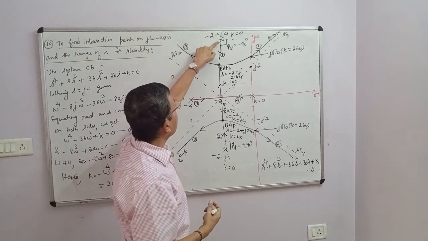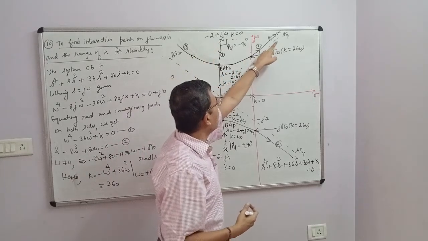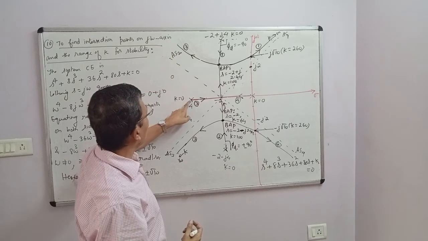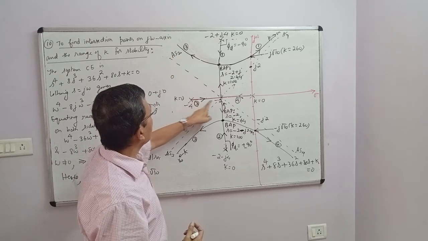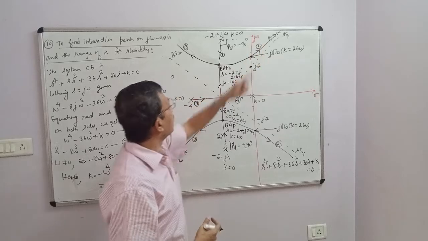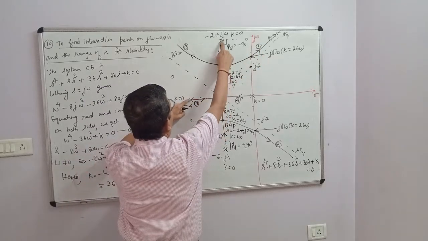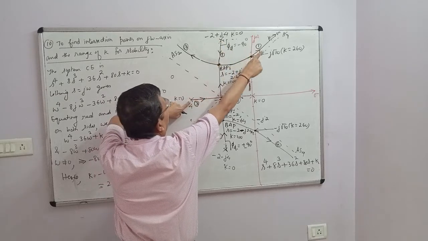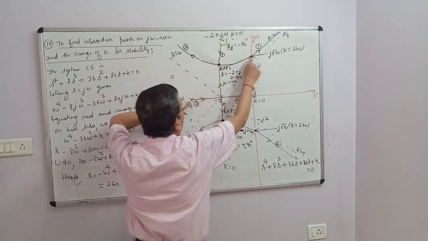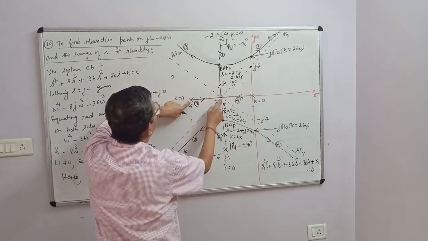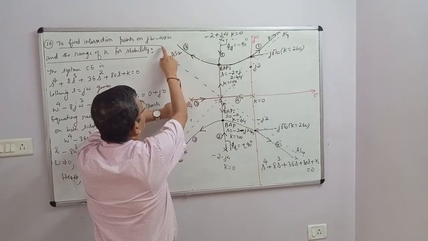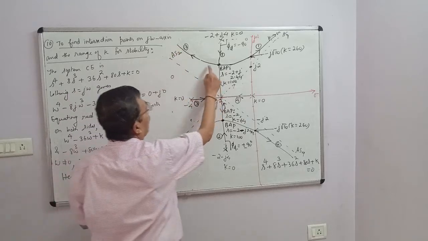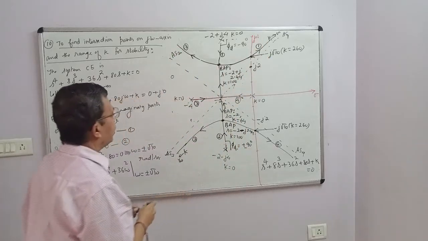This pole, instead of selecting asymptote 1, can select asymptote 2 also. In that case, this pole will select asymptote 1. These 2 poles have the option to choose AS2 or AS1. If this pole selects asymptote number 2, then this pole shall select asymptote number 1.